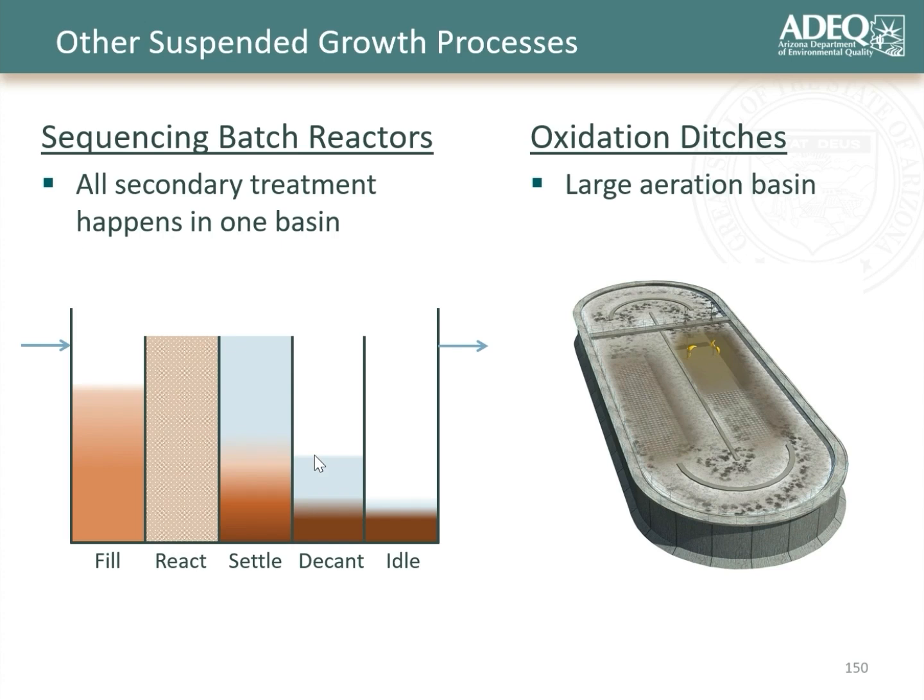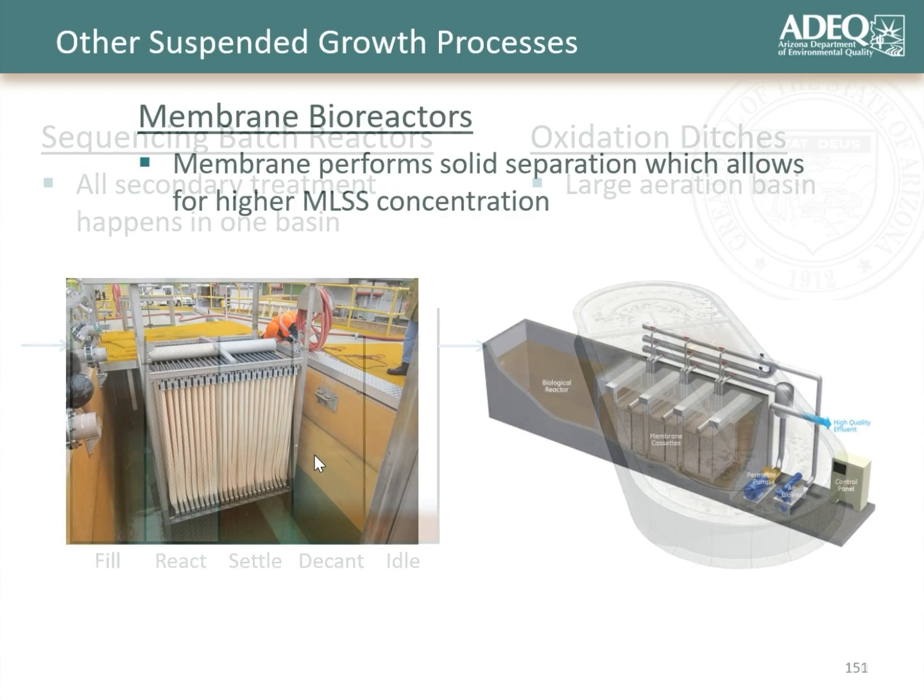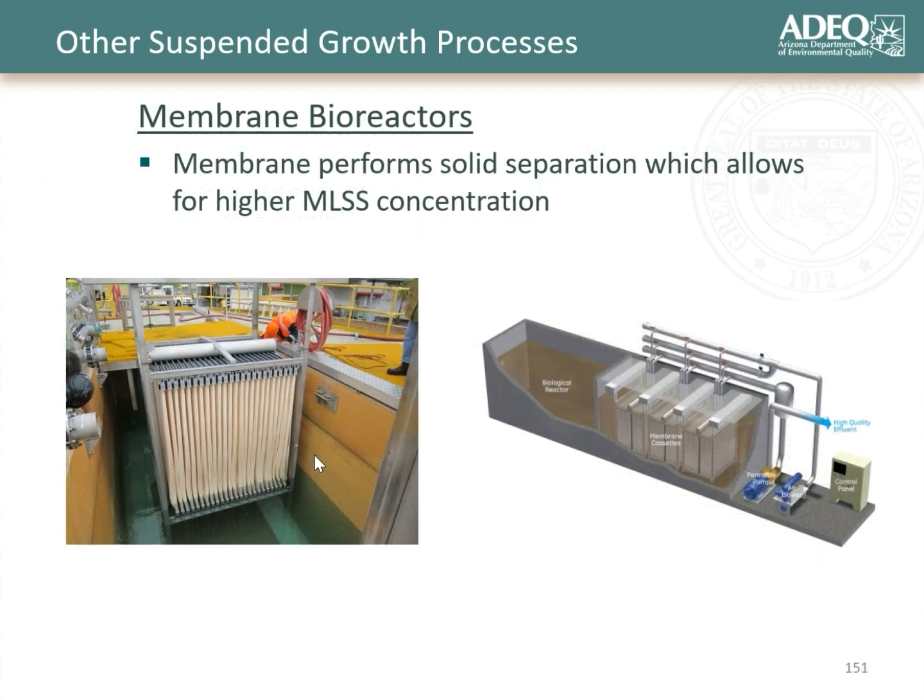You can also have oxidation ditches, which are effectively large aeration tanks that have a much longer hydraulic residence time and typically longer solids retention time as well. These would flow into a clarifier, which would be used to capture the solids. Membrane bioreactors are a newer and increasingly common replacement for conventional activated sludge systems, in which a membrane performs the actual solid separation rather than a clarifier.